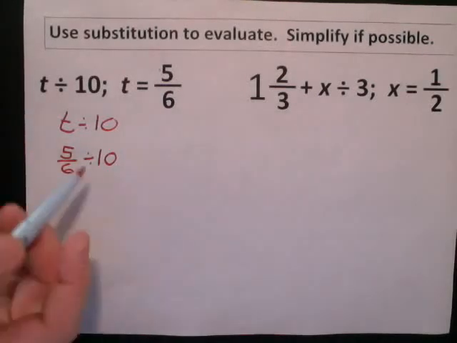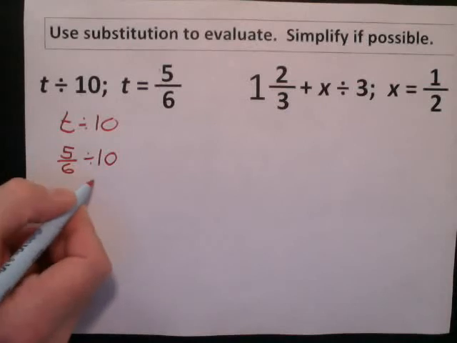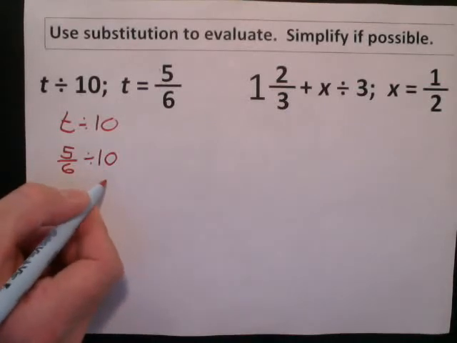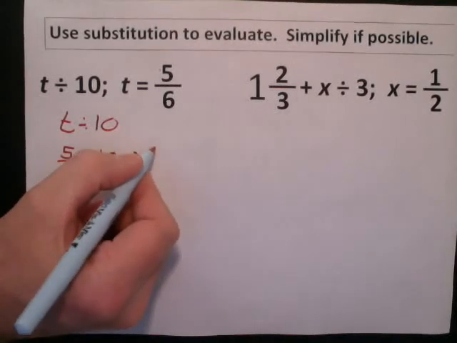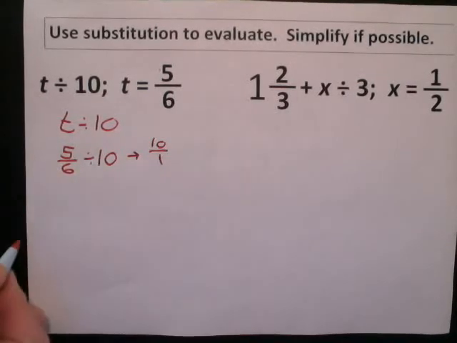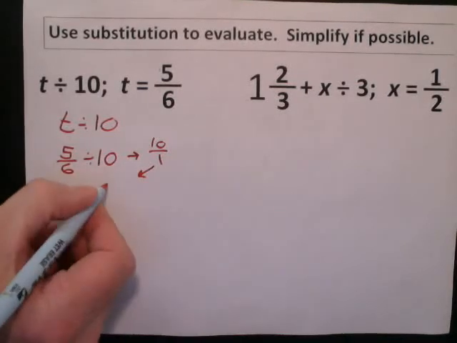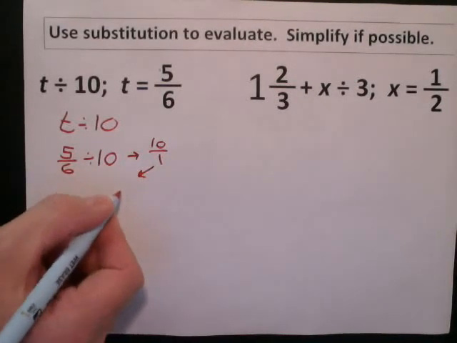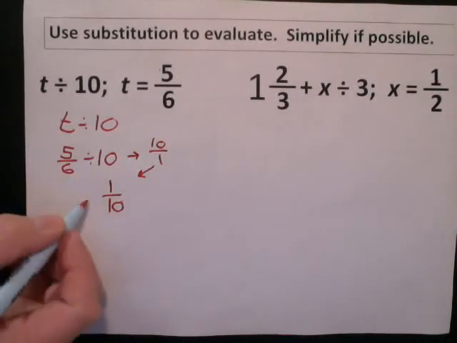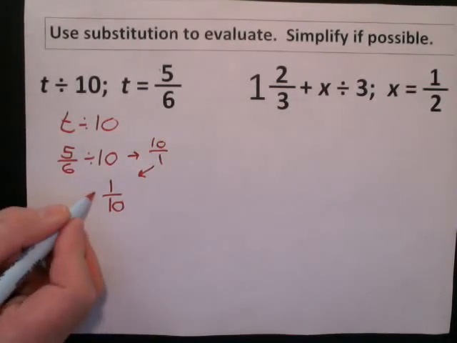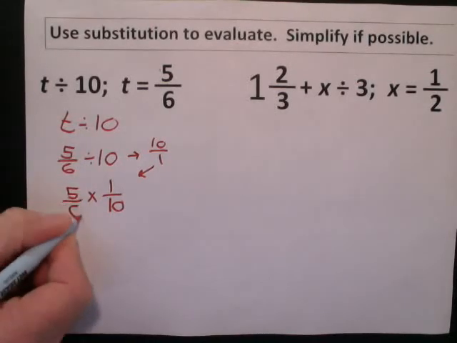Now, the basic rules of division kick in at this point, okay? So we are going to rewrite 10 as an improper fraction. We would think of this as 10 over 1, but we can just write it underneath here as the reciprocal, which would be 1 over 10, because now we are going to multiply by 5/6.